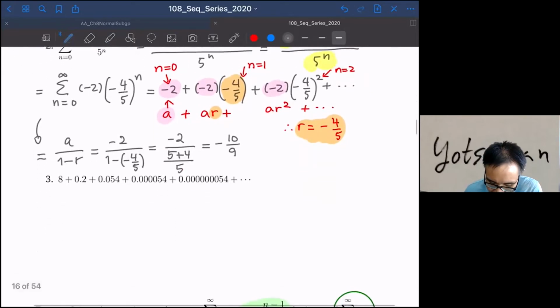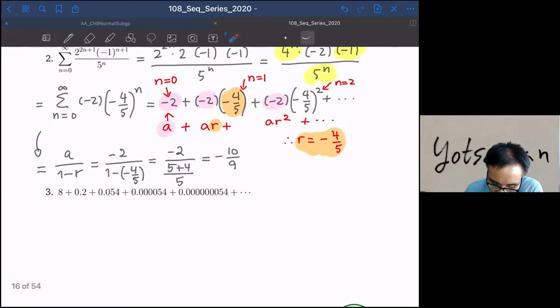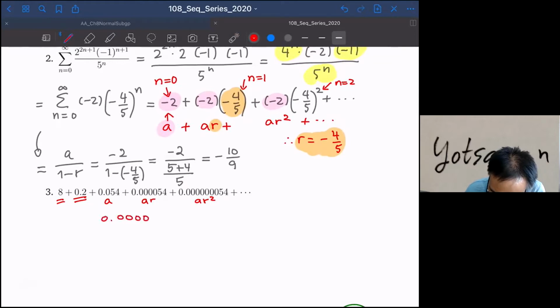For the next one, you see that you have to separate the first two terms, which are not common with the third and the fourth. You need to sum these two terms separately because it's not going to be in the same ratio. So you have your A, this one will be AR squared, and you have 0.0000054 over 0.054.